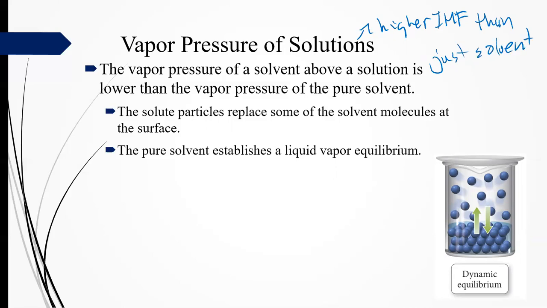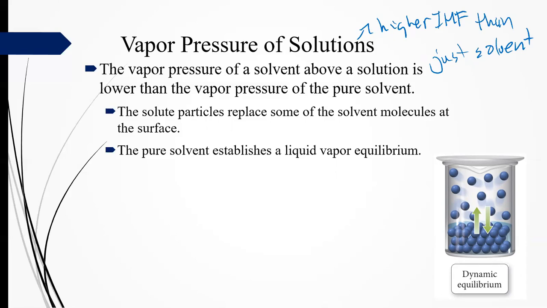Now the reason why is that in order for that solute to have dissolved, the intermolecular forces that we get from the solute-solvent interaction must have been stronger than the solute-solute or the solvent-solvent relationship. Otherwise, it wouldn't have dissolved to begin with because we needed that energy.